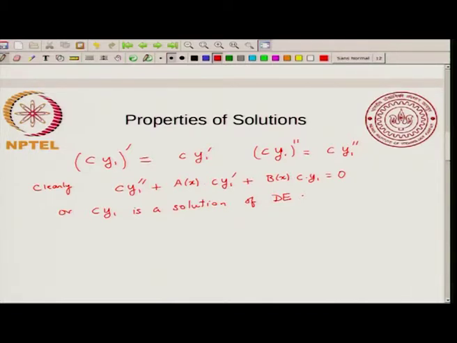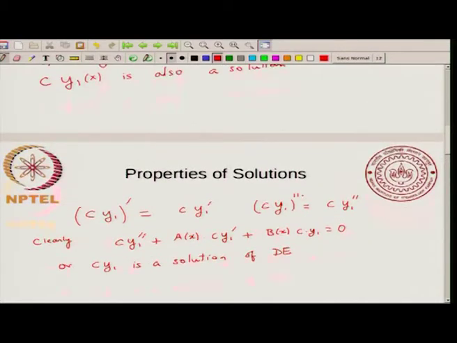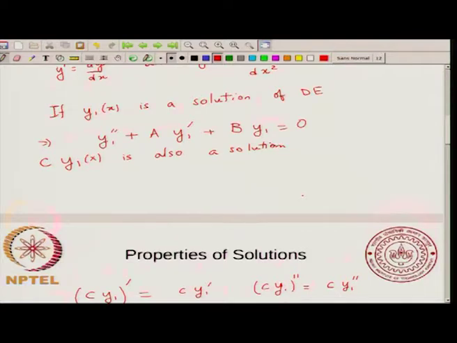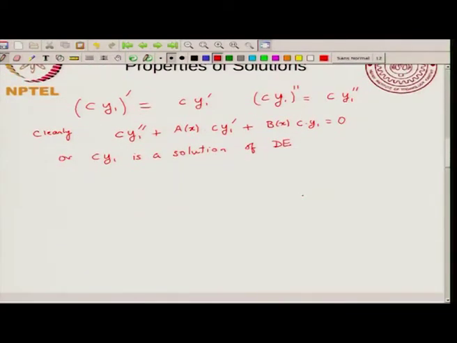Okay. So, what that means is that if y1 is a solution, then any constant multiplied by y1 is also a solution. So, you can have many solutions with different constants.